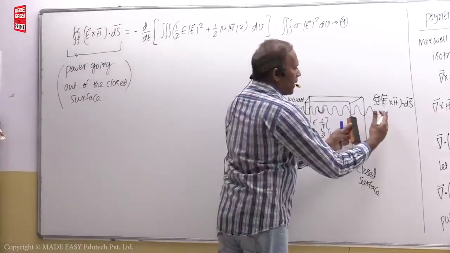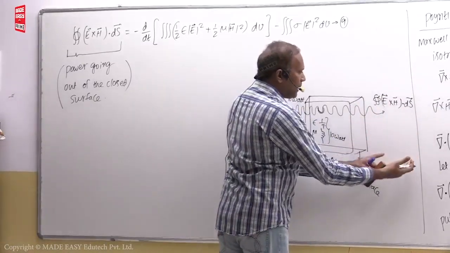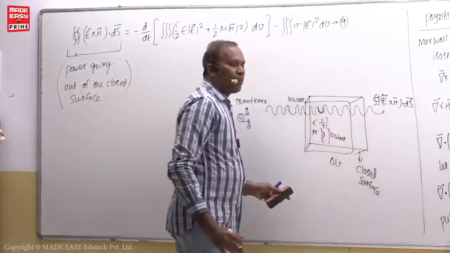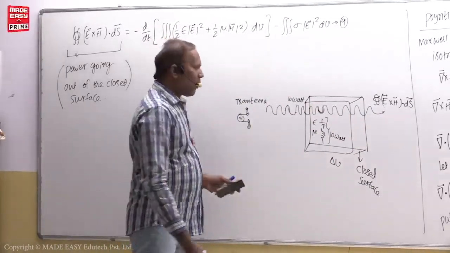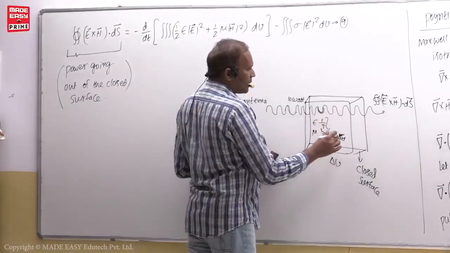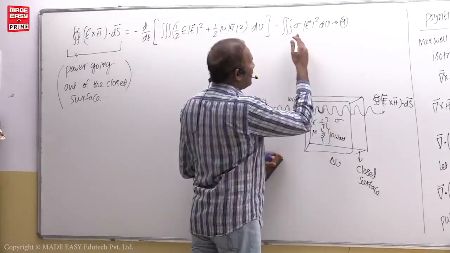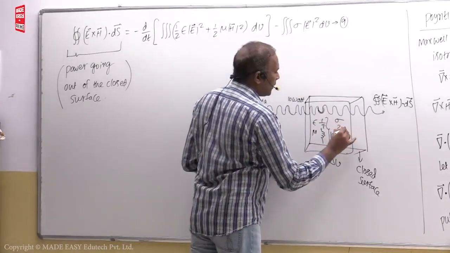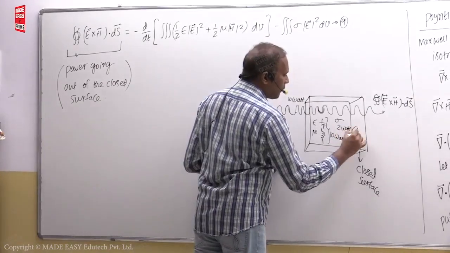if some power is going out of this volume, then in this volume that much power should decrease. So how much power is there? 10 watts. Out of 10 watts in this volume, because of sigma, let us say 2 watts is dissipated in the form of heat.